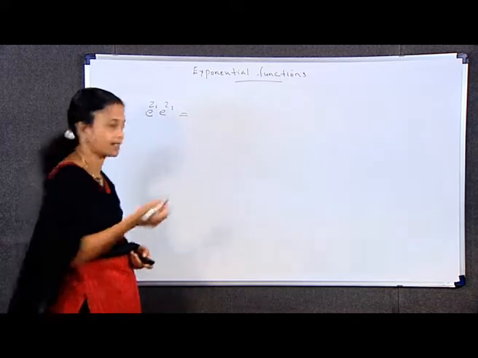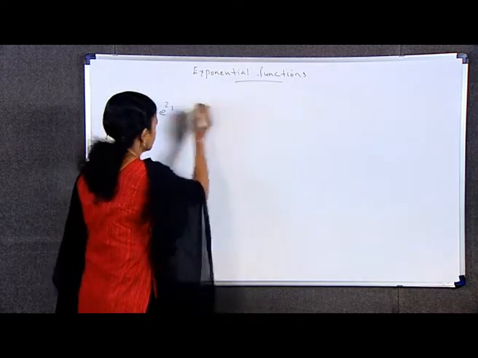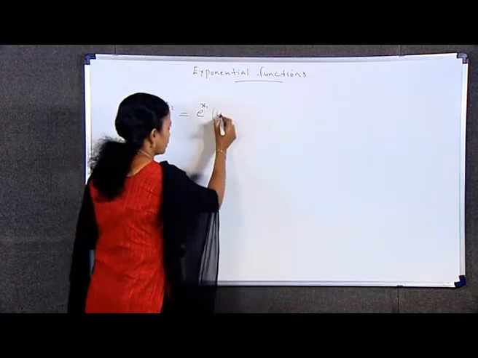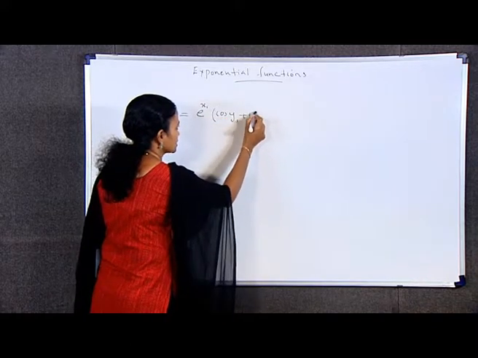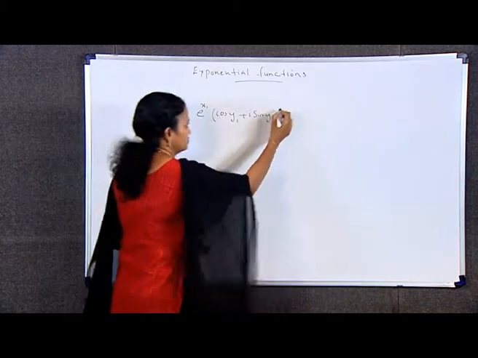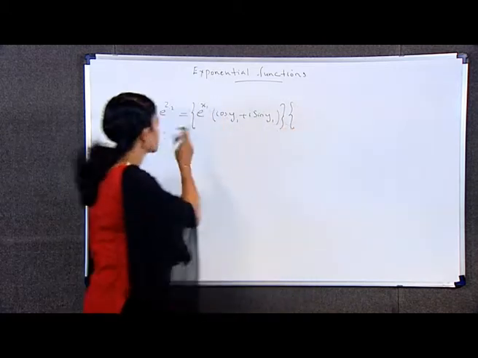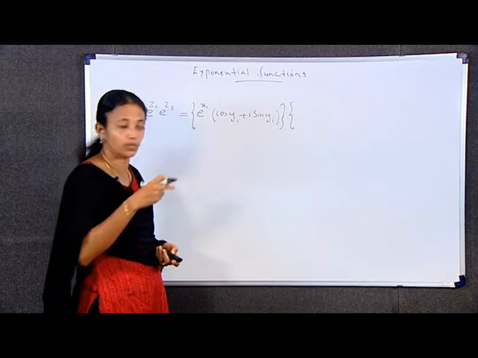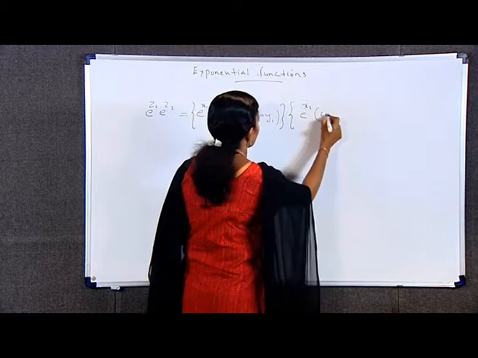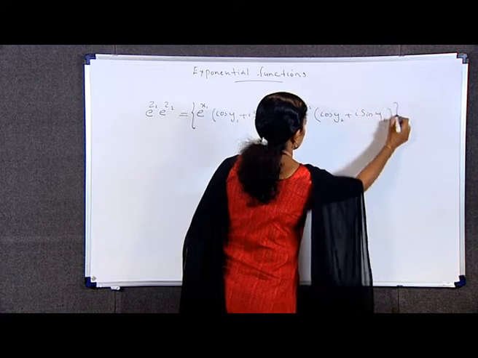This on expansion we can write: here we have z1, so e raised to x1 into cos y1 plus i sin y1, into, here we have a bracket, e raised to z2, that is e raised to x2 into cos y2 plus i sin y2.